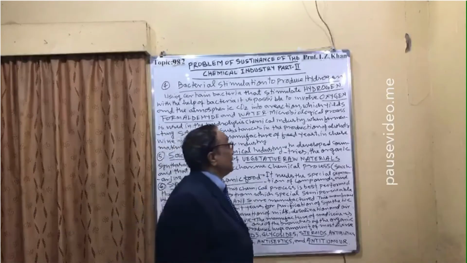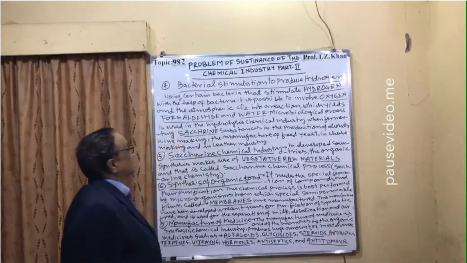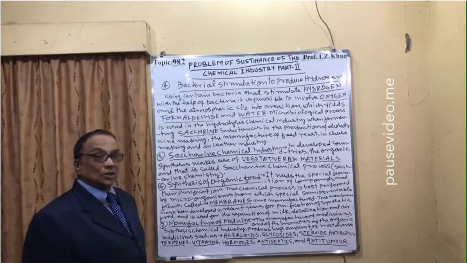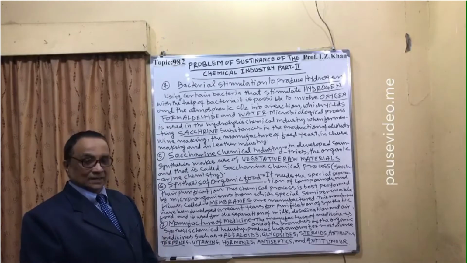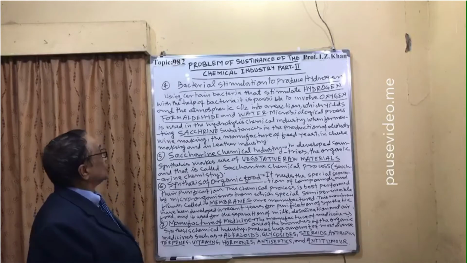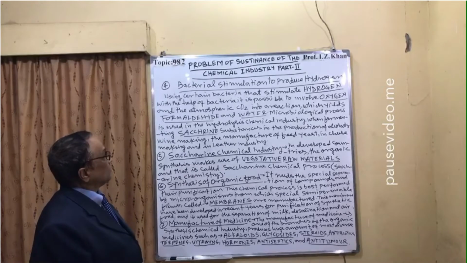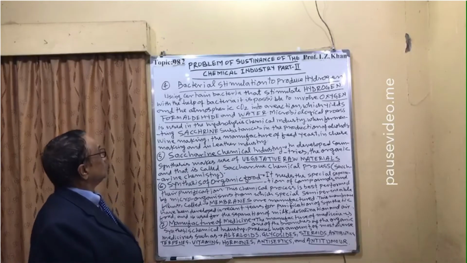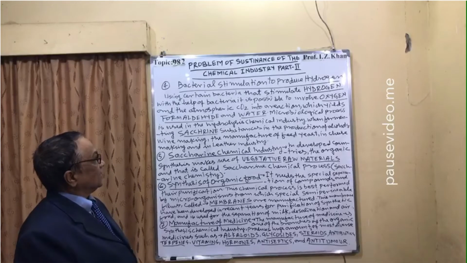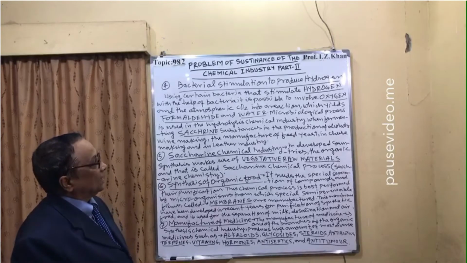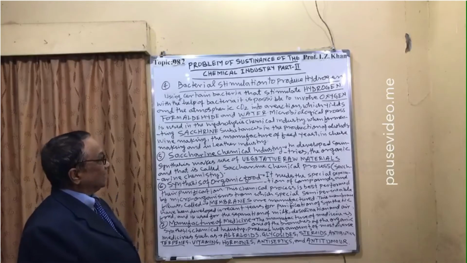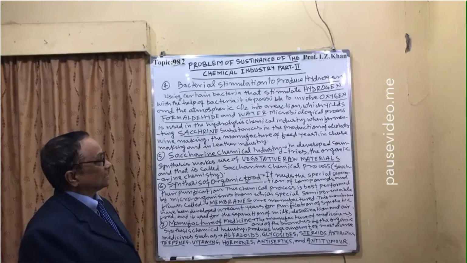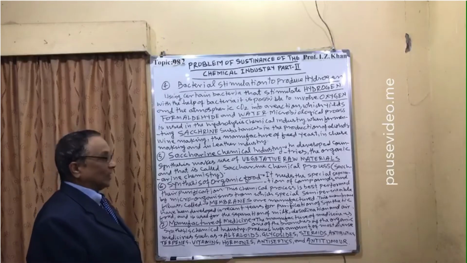So here number 4 is bacterial stimulation to produce hydrogen. Now we are using a bacterial process, how to produce the hydrogen using certain bacteria that stimulate hydrogen. With the help of bacteria, it is possible to involve oxygen and the atmospheric carbon dioxide in a reaction which yields formaldehyde.